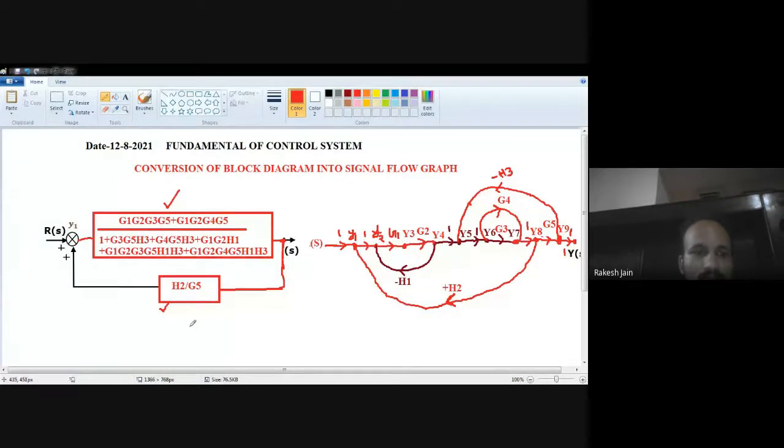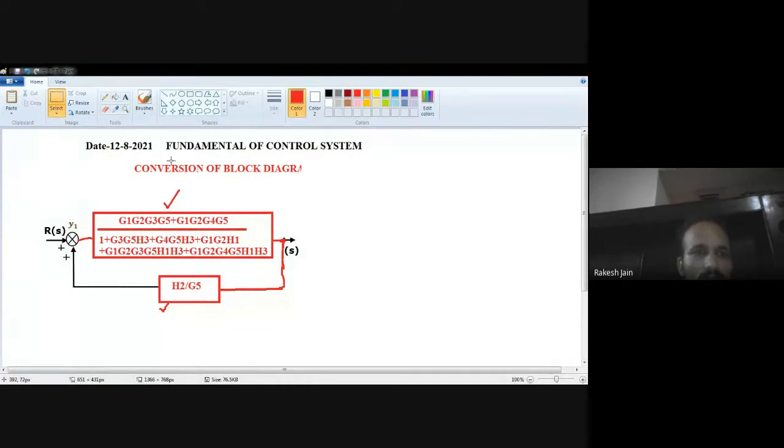So now see this one. I just cut this MS Paint file, this signal flow graph. Again, we will paste it. Okay, and now I am going to solve here. So now see, what was my forward gain?